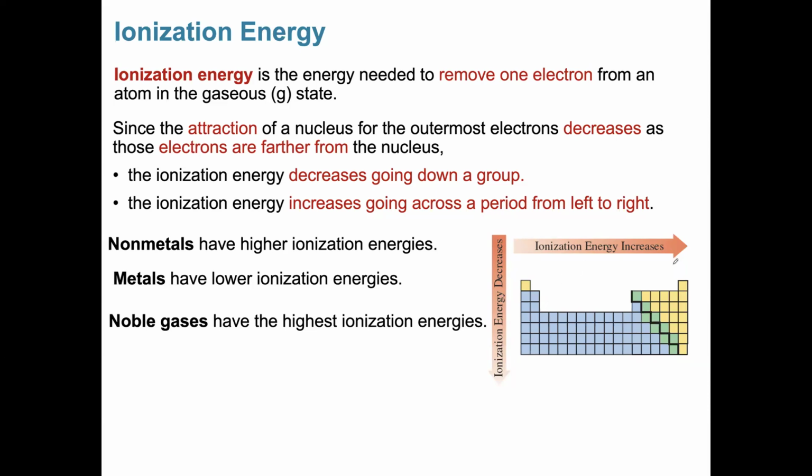Going from left to right, the atomic radius decreases across the same period, and the attraction is stronger, so the ionization energy increases going across the same period. In general, nonmetals have higher ionization energy, metals have low ionization energy, while noble gases have the highest ionization energy since they are already very stable.